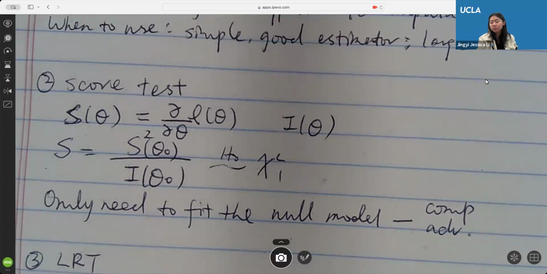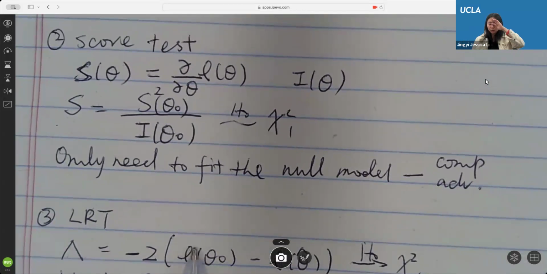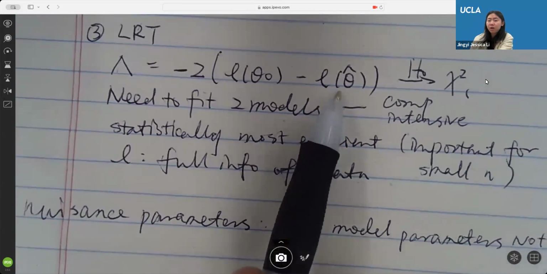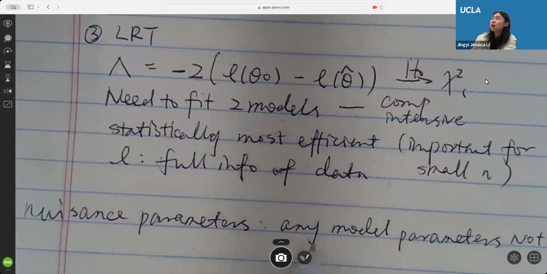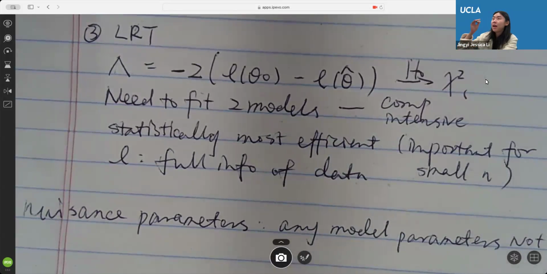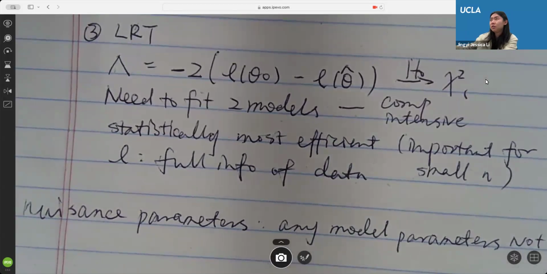for the other nuisance parameters. And for the LRT, we need to fit two models, a null model and a full model. And then for each model, we estimate nuisance parameters separately. So for the full model, the joint MLE is going to be obtained over the parameter of interest and nuisance parameters. They all need values to maximize the likelihood.